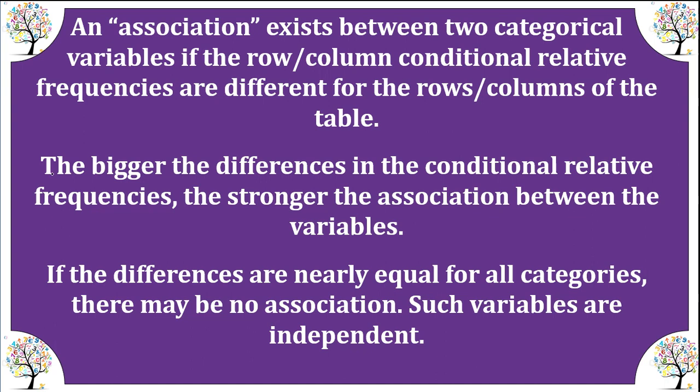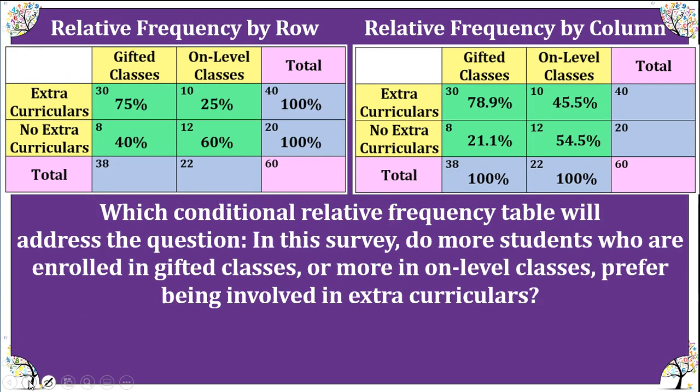If the percentages are pretty much equal or the same, not just exactly 50-50, but even like 55, 45, that's pretty close, so there's not much of an association. But if you have a big gap, such as 70% or 30%, then you can say, yes, there is an association. So the bigger the gap, the stronger the association.